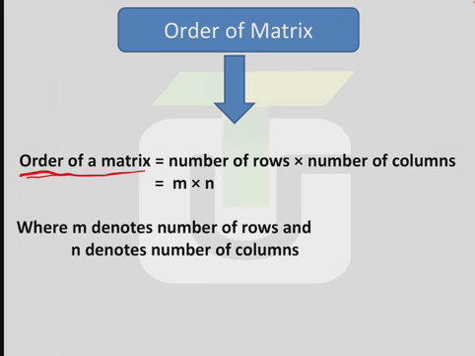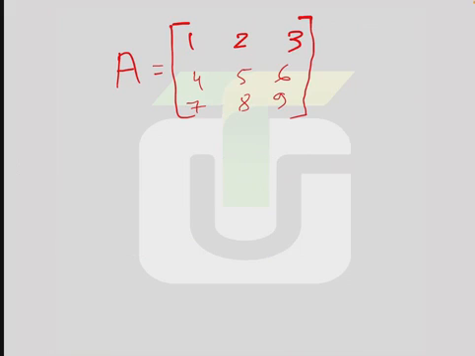Here we write m by n. It is written as into, but we read it as m by n, where m denotes the number of rows and n denotes the number of columns.